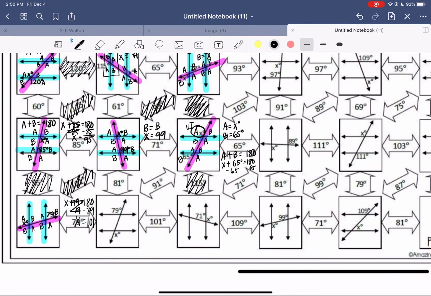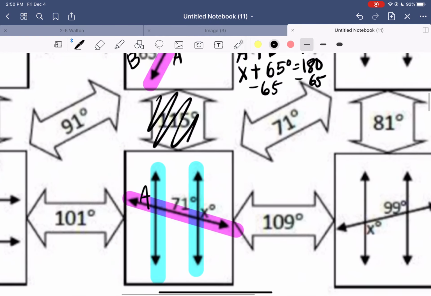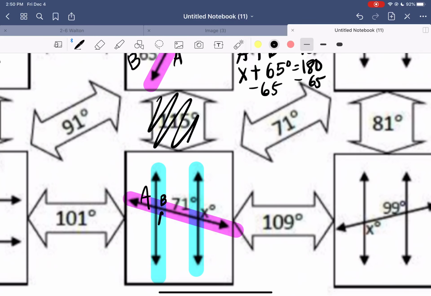Takes us down. We have our two parallel lines being cut by a transversal. And I'm going to fill in my A's and B's. We have our 71 degrees and our X degrees that are A and B. So A plus B have to equal 180.